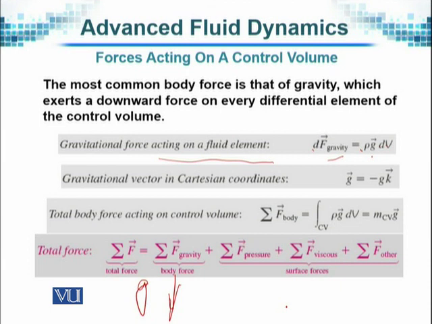That is normally taken as z in our mutually perpendicular rectangular coordinates, and we write g as minus g times the unit vector k in the vertical direction. Since gravity is acting in the downward direction, the positive direction is considered to be upward. Therefore, you see a minus sign appearing.